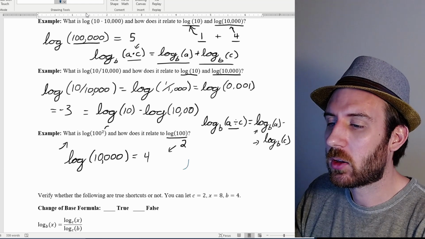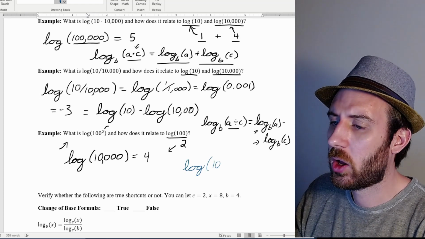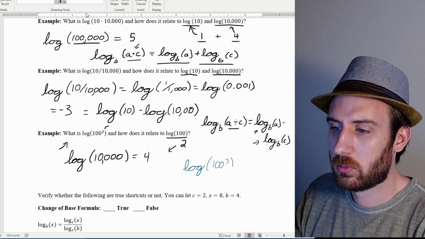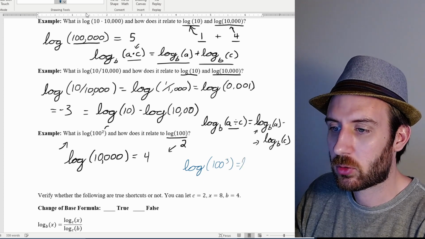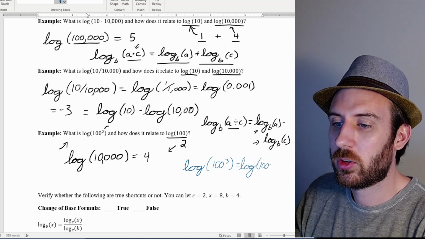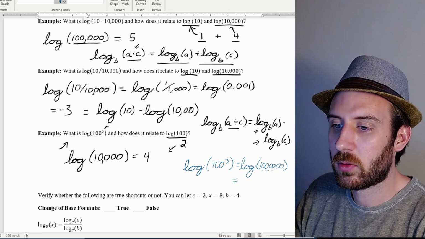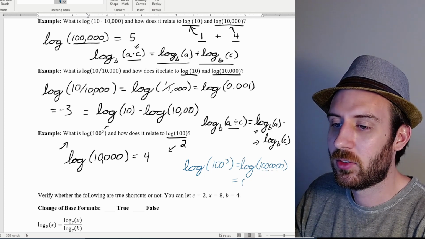Let's do something like log of 100 cubed. Okay, so what's that one going to be? That's going to be the logarithm of 100 with 2 zeros, 4 zeros, 6 zeros, okay? And that would come out to be, let's see, 1, 2, 3, 4, 5, 6 zeros equals 6.